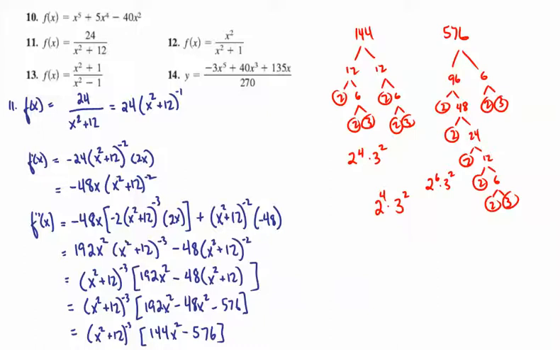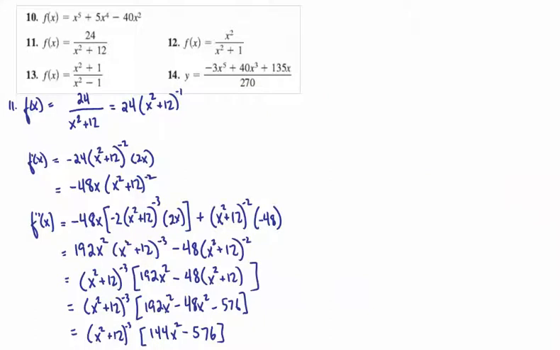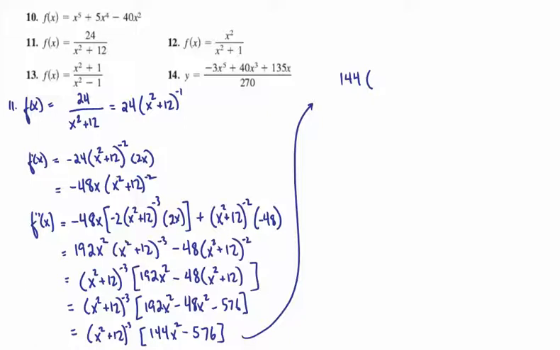Alright, so we have our new value here, and I'm going to go ahead and erase all of that. We now have 144 factored out. That's x squared minus 4 over x squared plus 12 to the 3rd power.